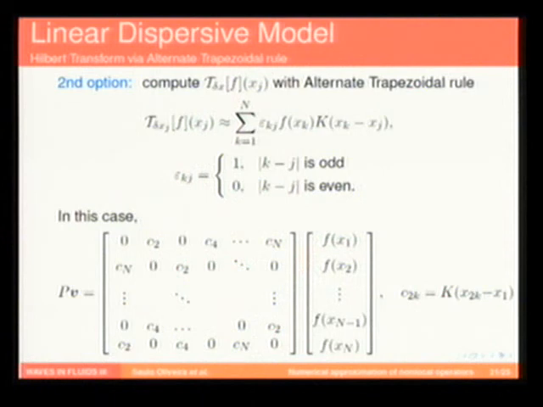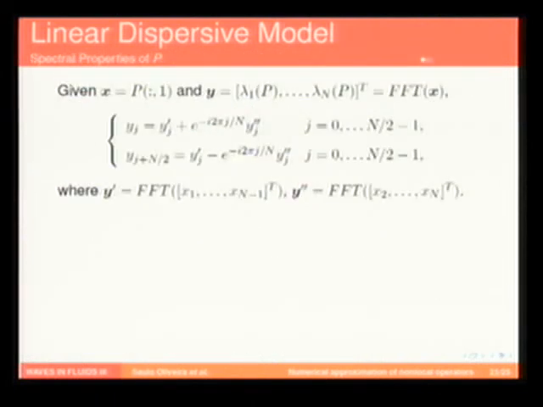So to analyze the spectrum, we want to find eigenvalues. We want to take, for instance, either one row or one column. Let's take one column of this matrix and find the DFT of this column. That would give us the eigenvalues. In particular, let us use the FFT algorithm. In the first step of the FFT, we split the problem in two FFTs of size n over 2, where we take the odd components and the even components of the initial vector.